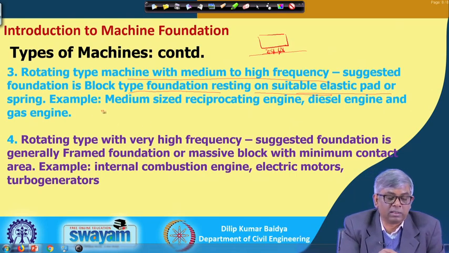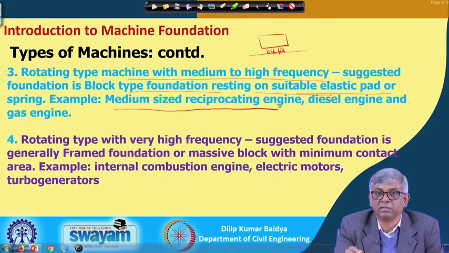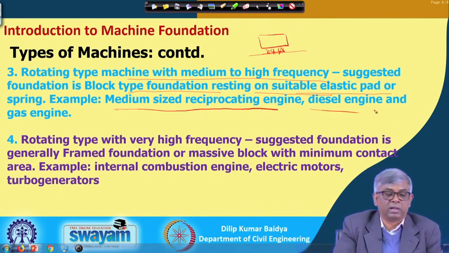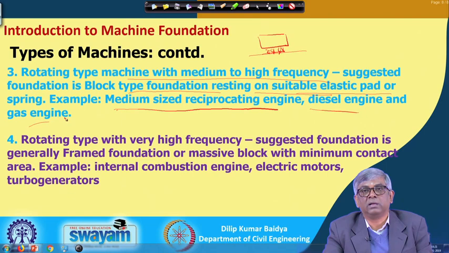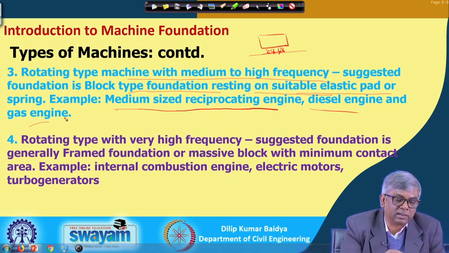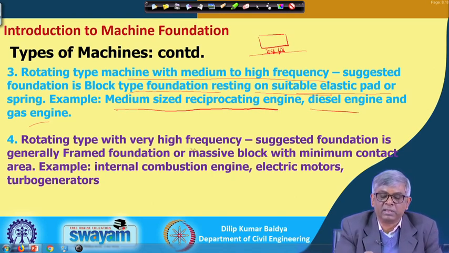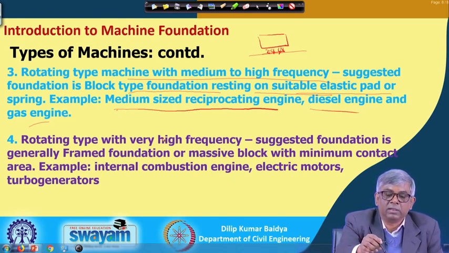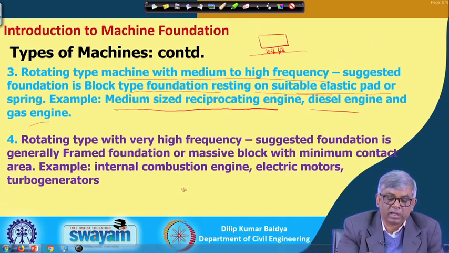Examples under this category are medium size reciprocating engines, diesel engines and gas engines. These are the kinds of machines for which you have to go for block foundation with a suitable elastic pad or absorber. And then the third category is rotating type with very high frequency, as I have mentioned already. Suppose high frequency is 3000 rpm.